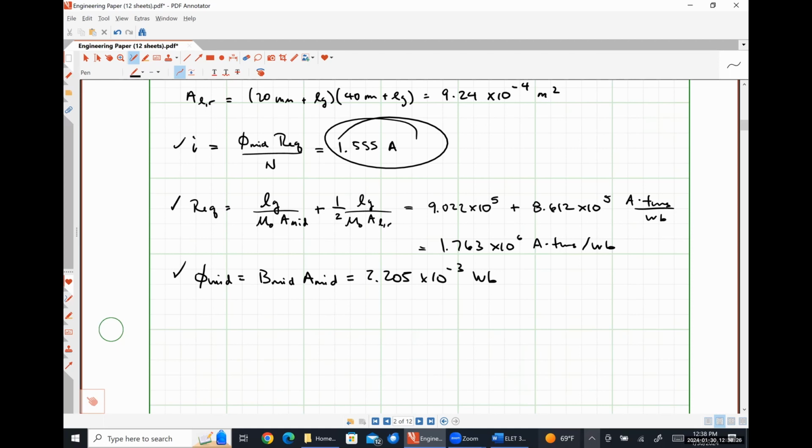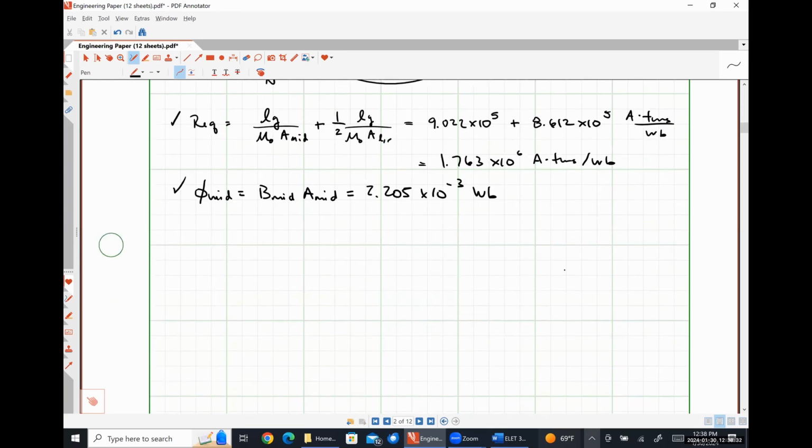All right, so now that we have our current, we need to find our stored energy, right? And so our stored energy is going to be, let me do it this way. This is the stored energy from the middle air gap. So that's going to be B mid over 2 mu naught times the area of the middle air gap.